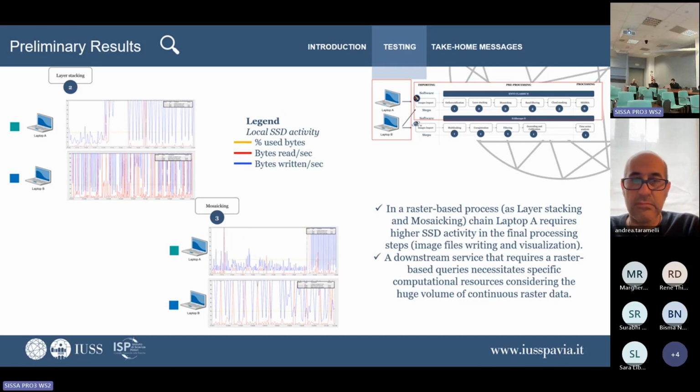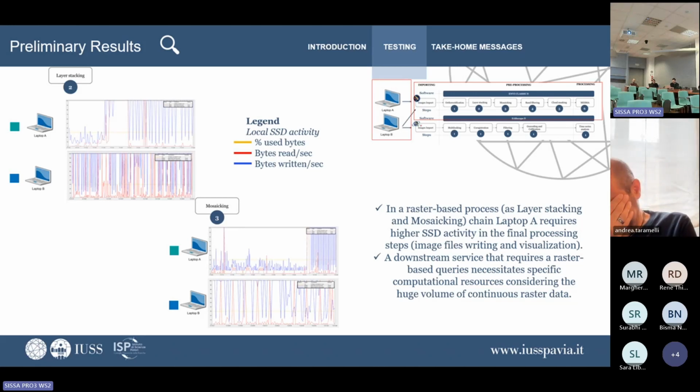Here you can see 2 examples of the SSD activity during 2 steps, the layer stacking and the mosaicing. You can see that laptop A requires higher SSD activity in the final step of the process.